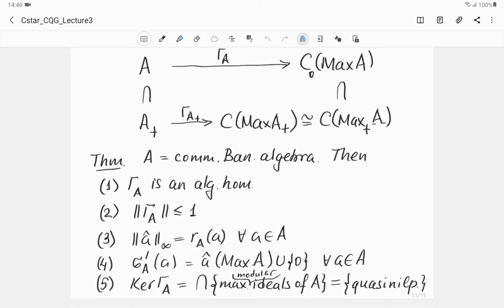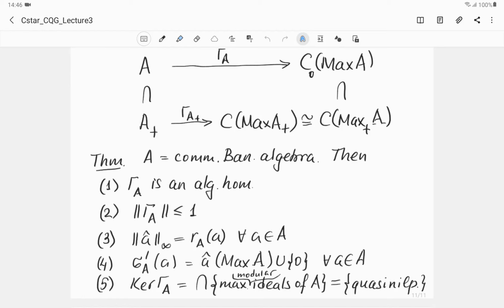And this is essential. In general, it's quite easy to construct an example. It's a nice exercise, by the way, to construct an example in which the intersection of all maximal ideals is strictly smaller than the kernel of the Gelfand transform.